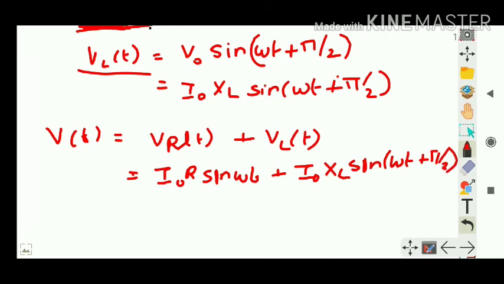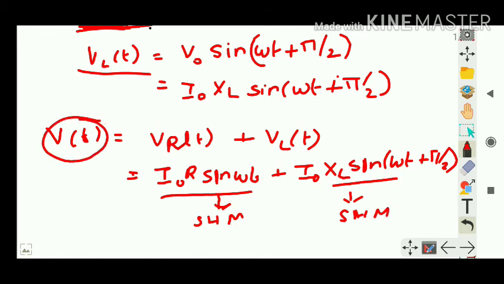Both waveforms are in simple harmonic motion, which you have learned about in your 11th class. When two simple harmonic motions are added, the result is also a simple harmonic motion.